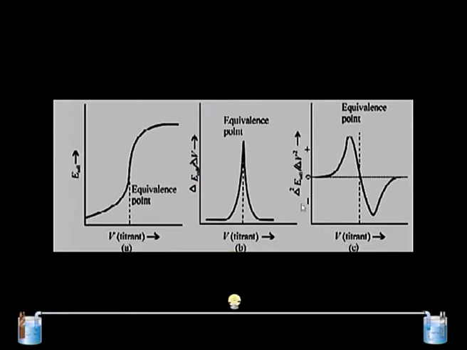If we plot V against delta square E cell divided by delta V square, we get an increase followed by a decrease, and then the value comes to 0. The point where the curve touches the 0 scale is known as the equivalence point.